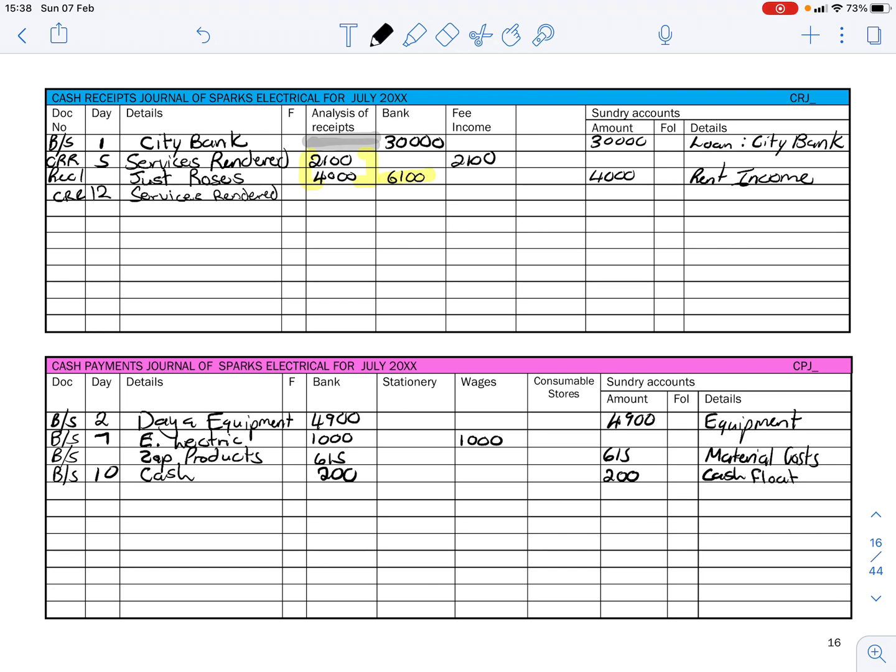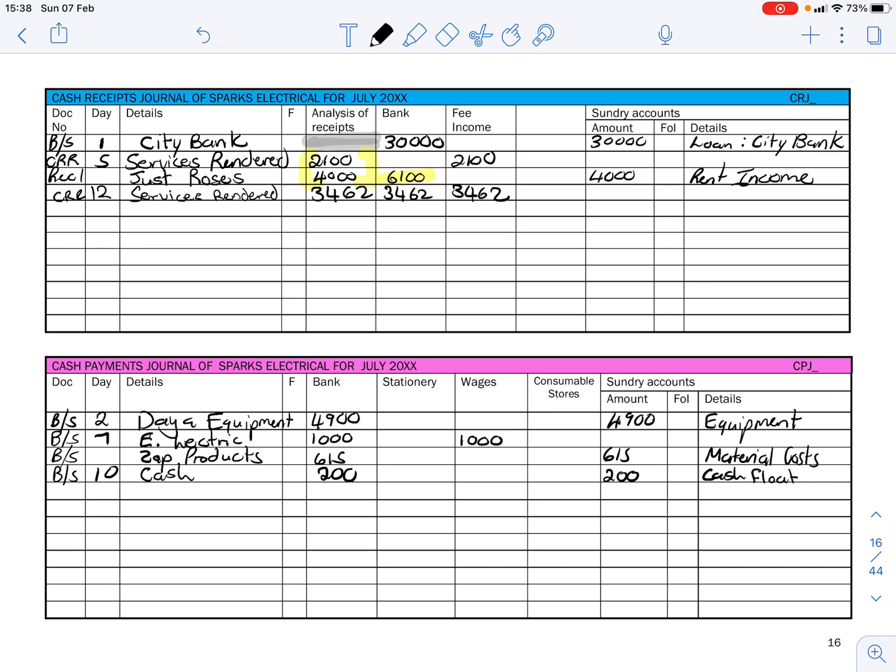All right. Once we have our services rendered put in, the amount for the work done was 3,462 Rand, which goes under analysis, under bank, and under fee income. Okay.